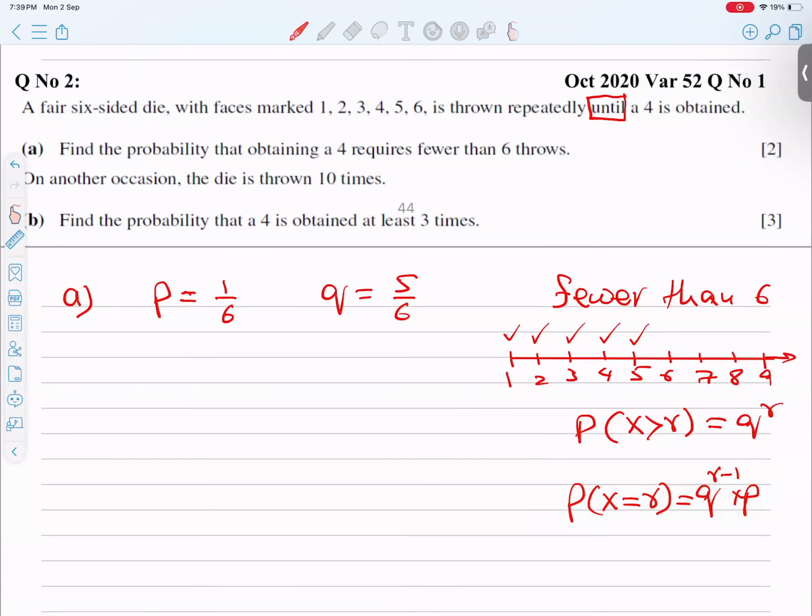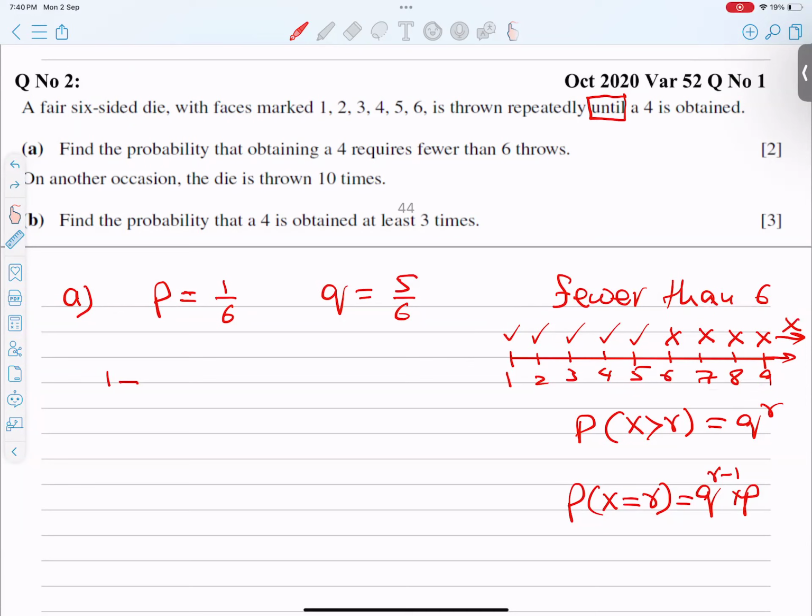I think you people are understanding. So let's start. One option is to use this formula 5 times and add them all, but it's too lengthy. What's the easy way? Because I don't want 6, 7, 8, and onward, all those values. The sum of all probabilities is 1, you know it very well. Can I say 1 minus all these options?